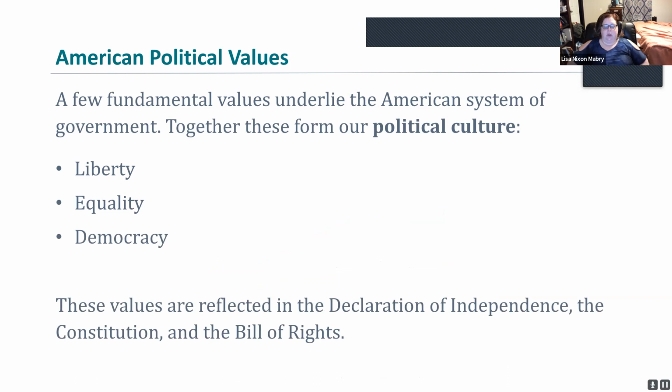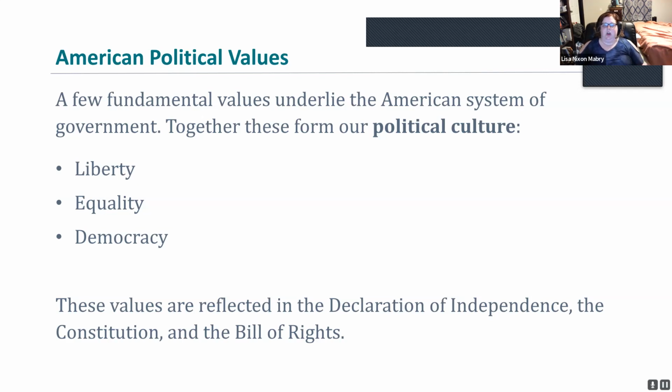And they form what's known as our political culture. Political culture is broadly shared values, beliefs, and attitudes about how the government should function. American political culture emphasizes the values of liberty, equality, and democracy. And we will talk about that in a lot of detail as we move on.